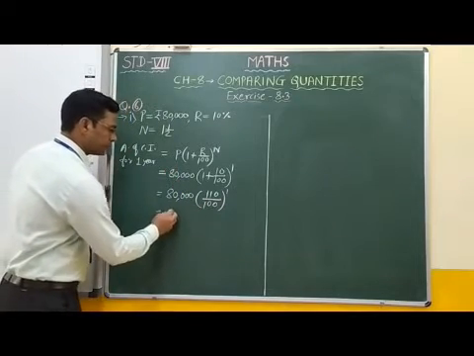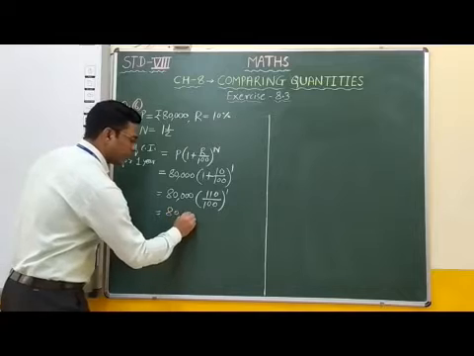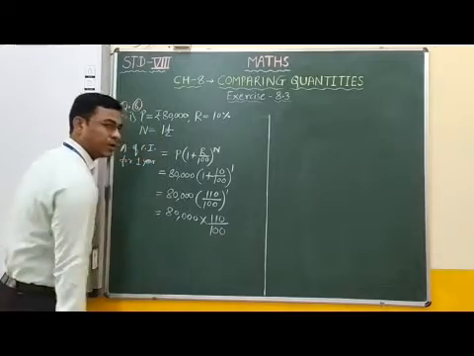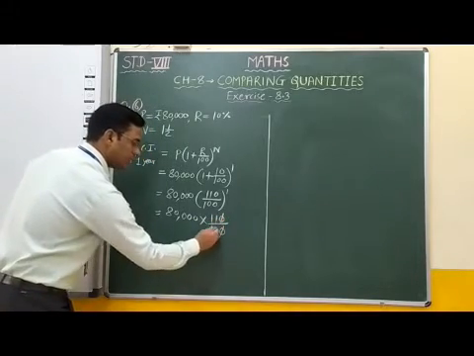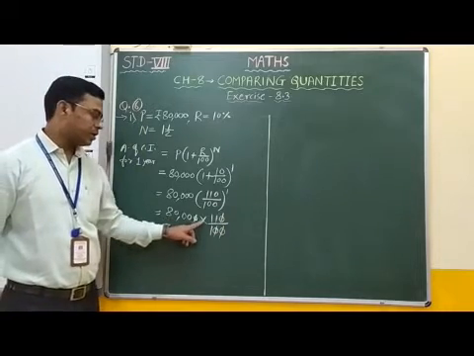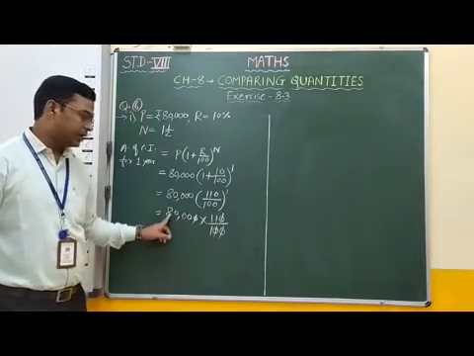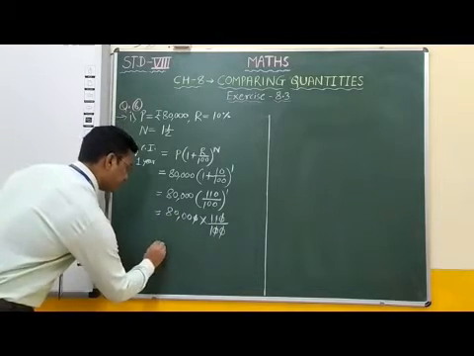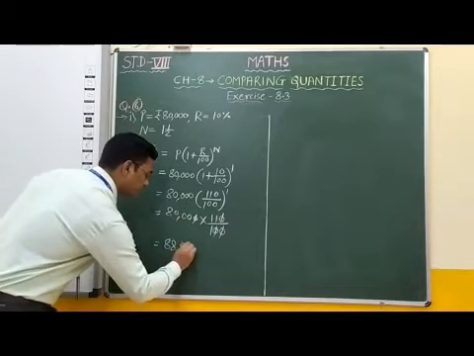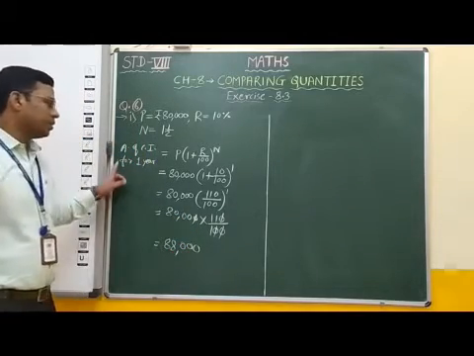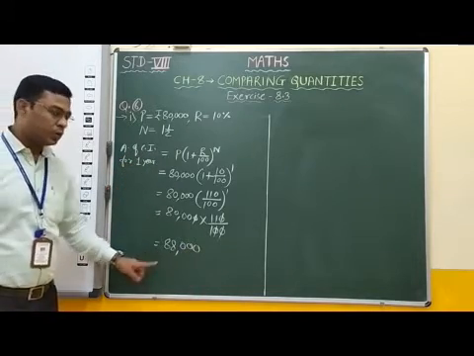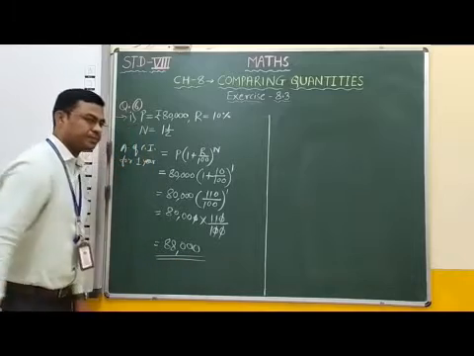Therefore, 80,000 into 110 upon 100. Now, this 0 cancels, this 0 cancels. Now the multiplication of 8,000 into 11. 11 8s are 88, and 1, 2, 3 zeros. Therefore, we can say that the amount of compound interest after 1 year is equal to rupees 88,000.